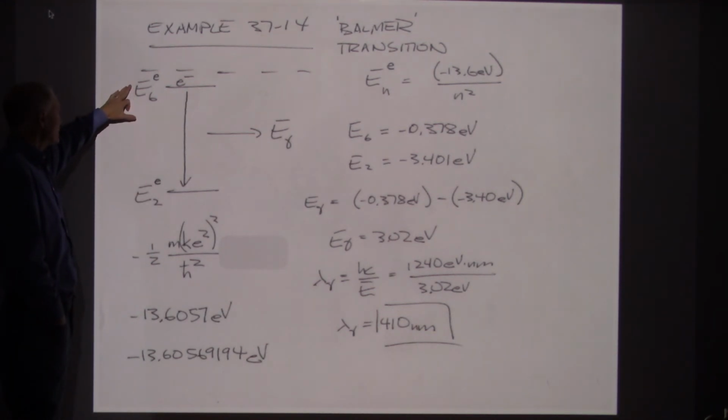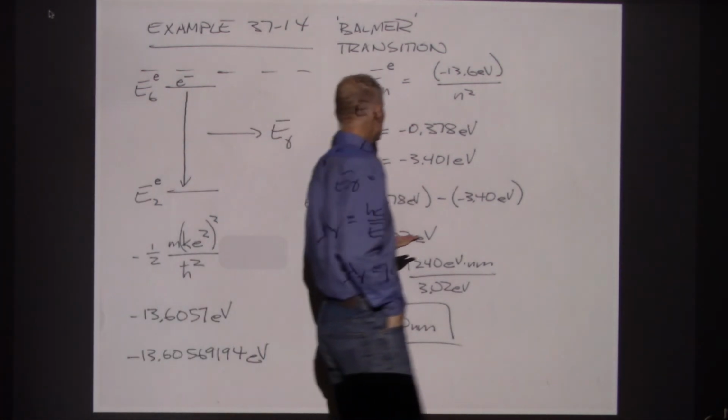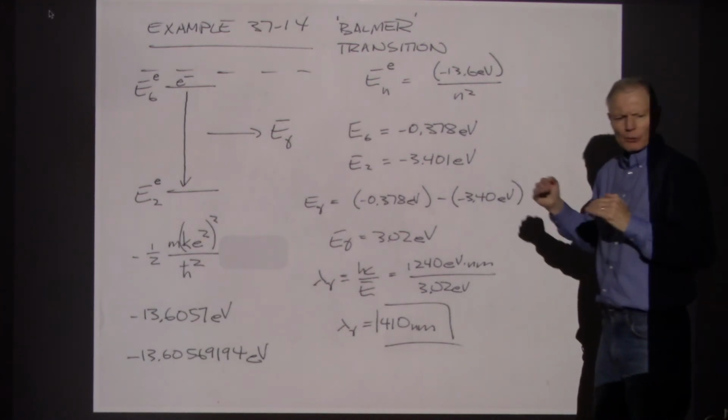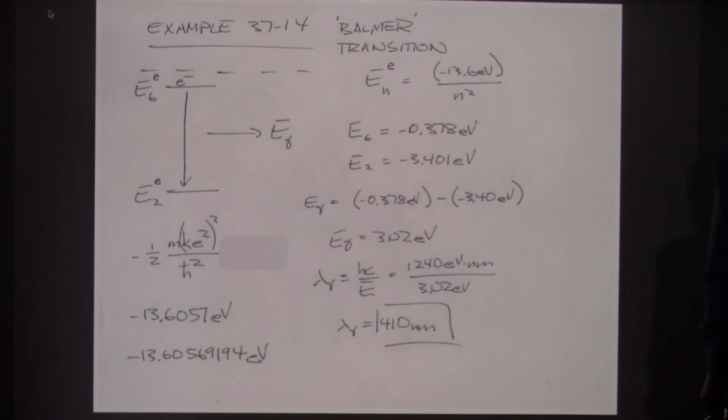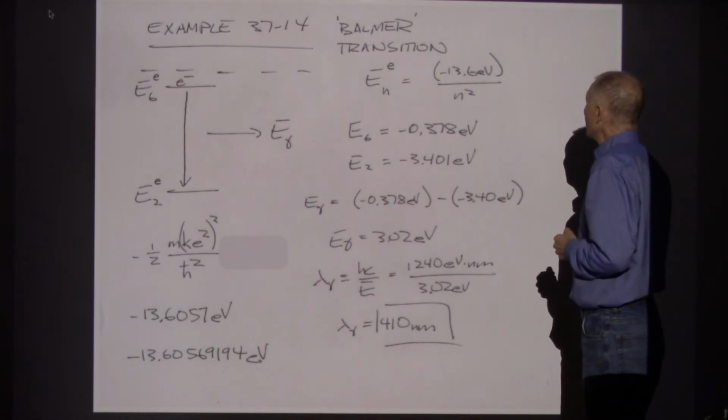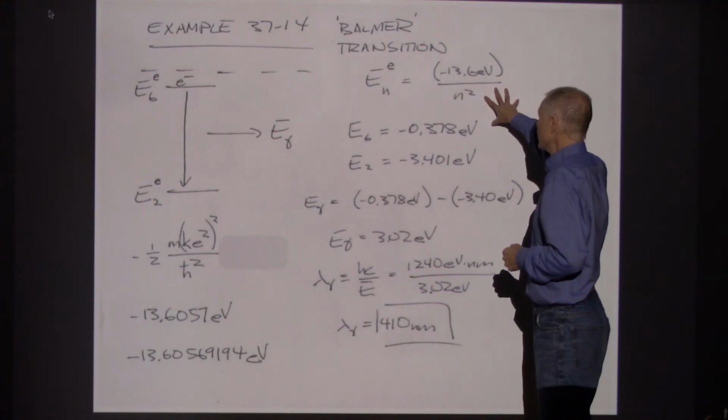Now in hydrogen, going from state 6 to state 2, we can continue to use this formula. Hydrogen is characterized by just one proton and only one electron. And so the formula is based just on the interaction between the electron and the nucleus, just two charges. We're not going to complicate it with more electrons, and the formulas remain fairly simple.